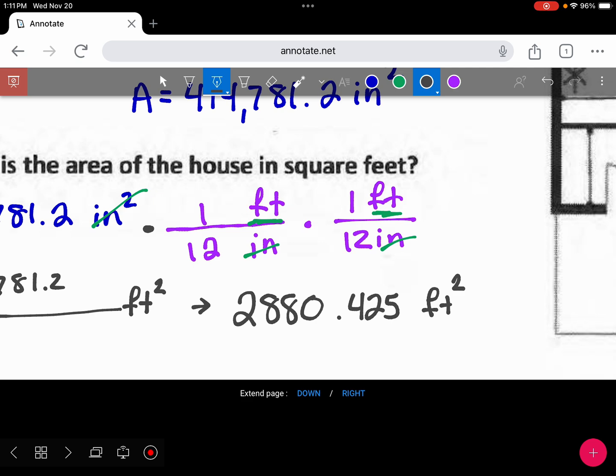Like, that's a big house. Not mansion levels of big, but pretty big.